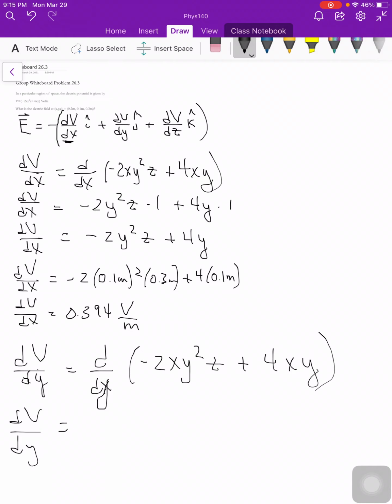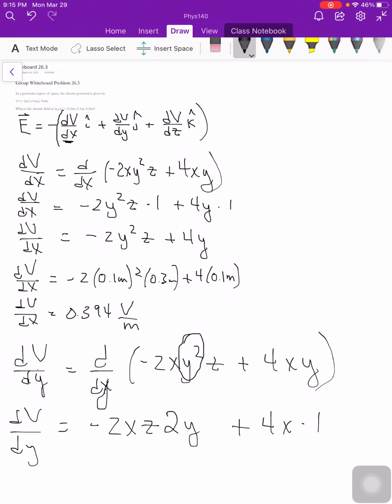The 2, the x, and the z are constant, so I pull those out, 2xz, and the thing I'm taking the derivative of is y squared. That gives 2y. Then 4 and x are constant, so I just have 4x, times 1.